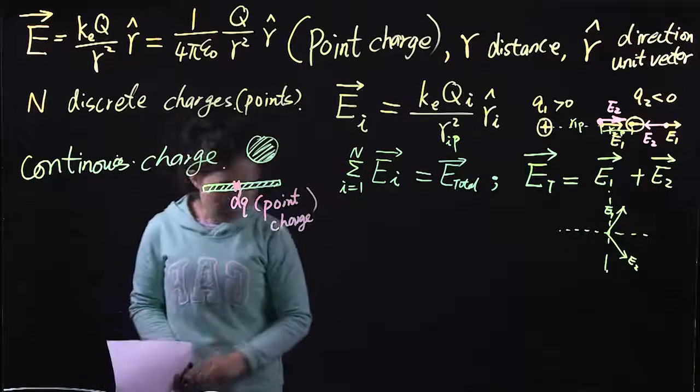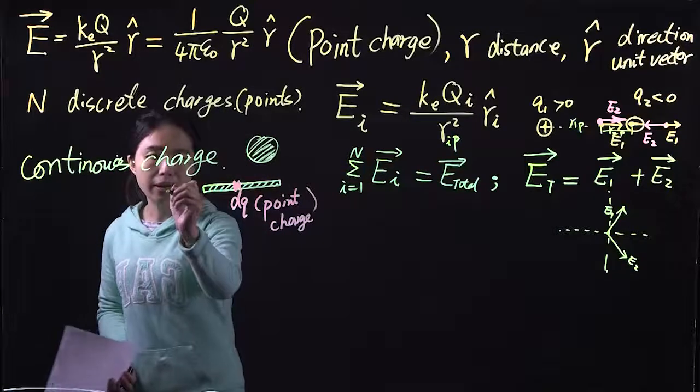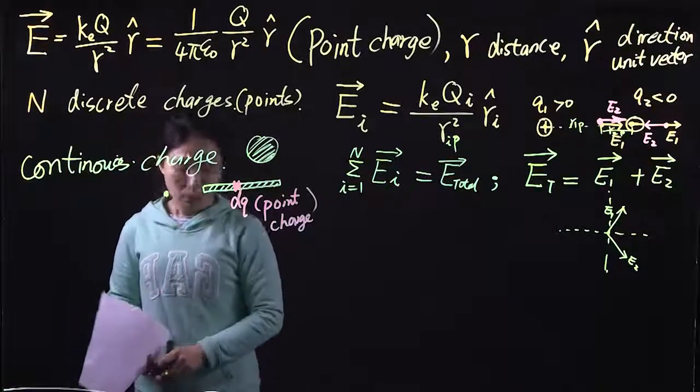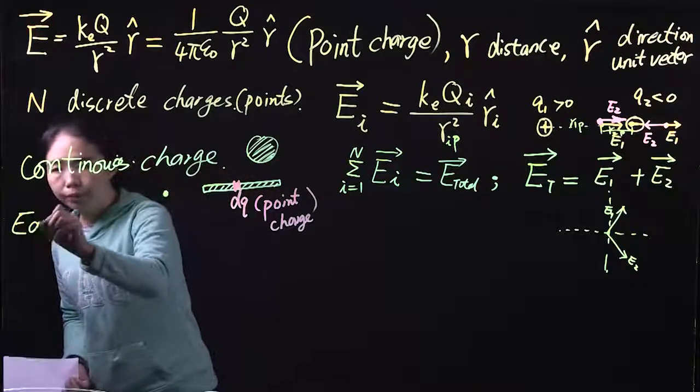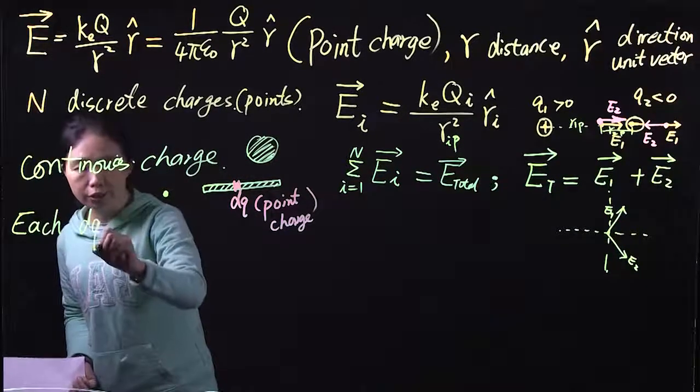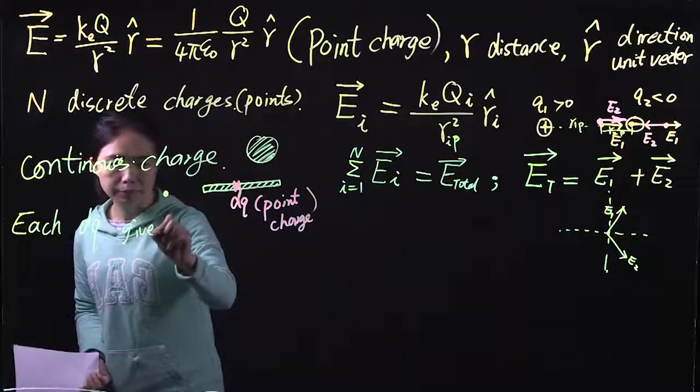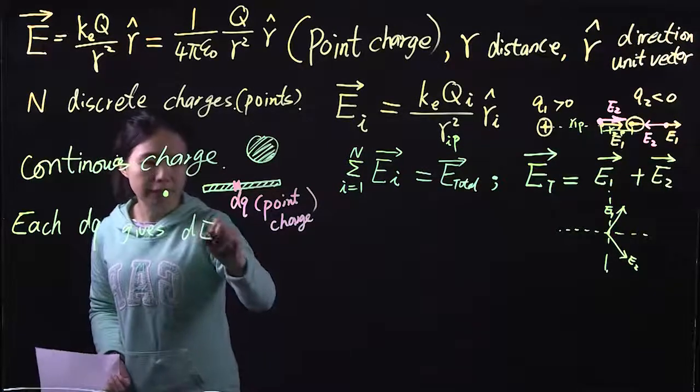Then, if you are going to figure out the E field created at this location, you know that each of these dq gives a small amount of dE.